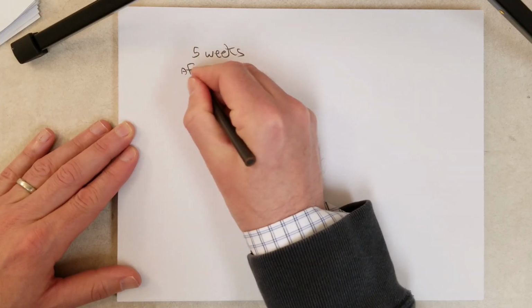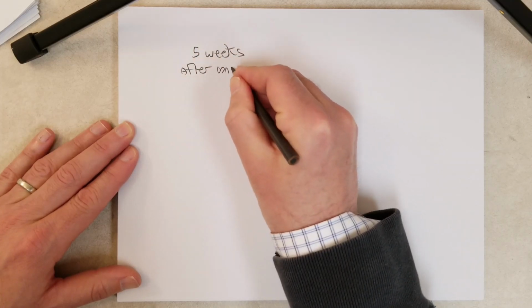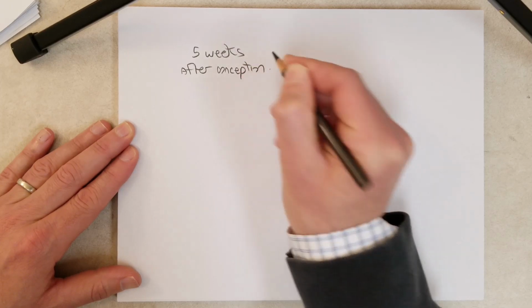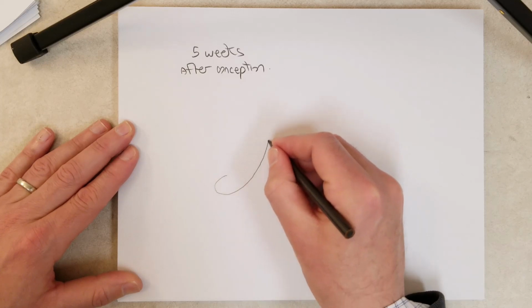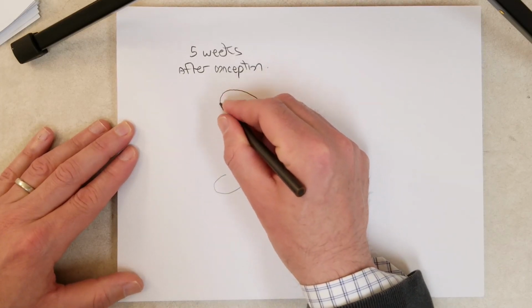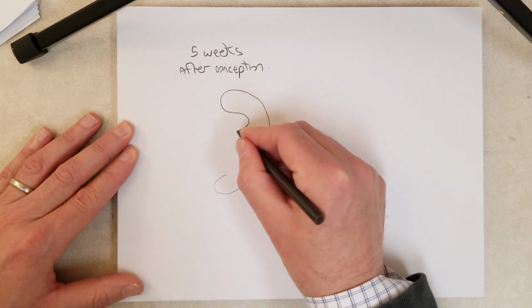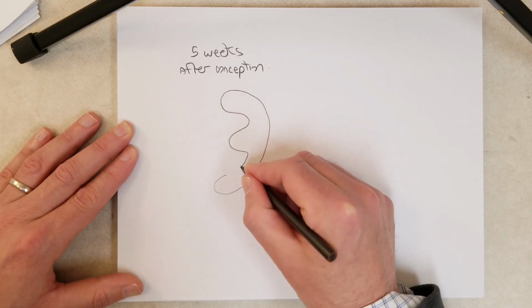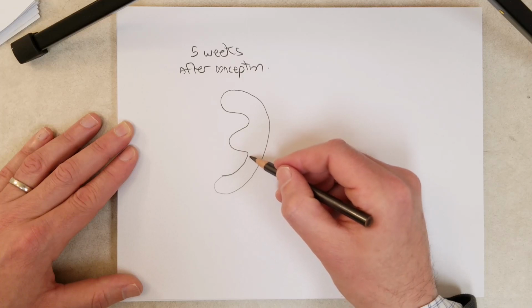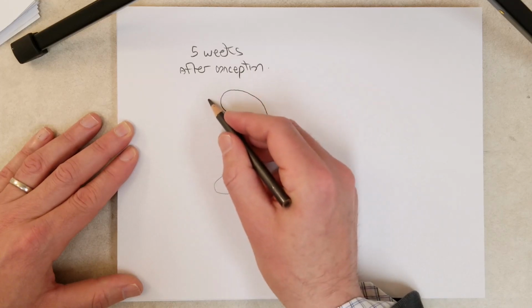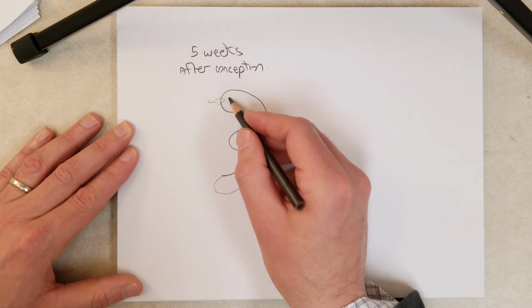So about 5 weeks after conception, this is in humans now, the embryo looks something like this. If you look at images of embryos at this stage, it'll look something like this. Now, I'm imagining this might be the head region.